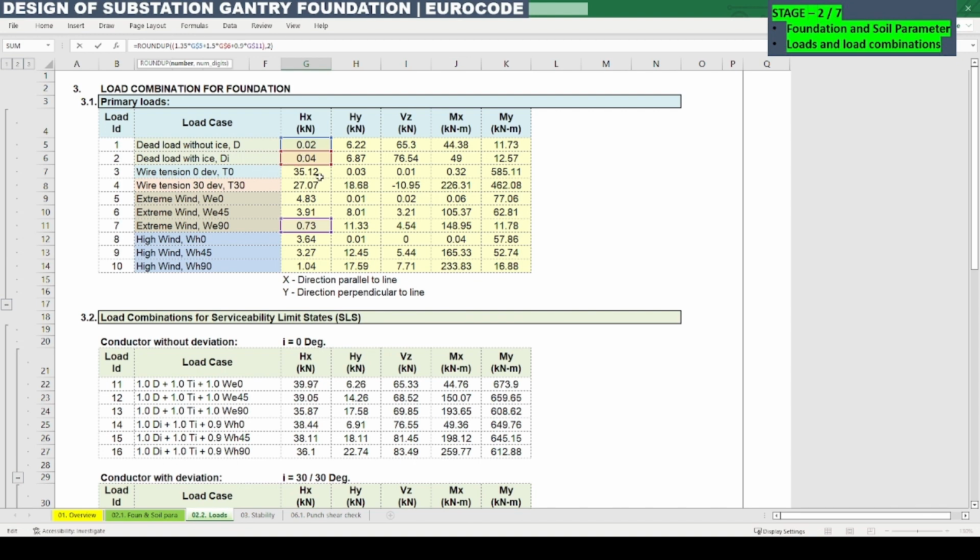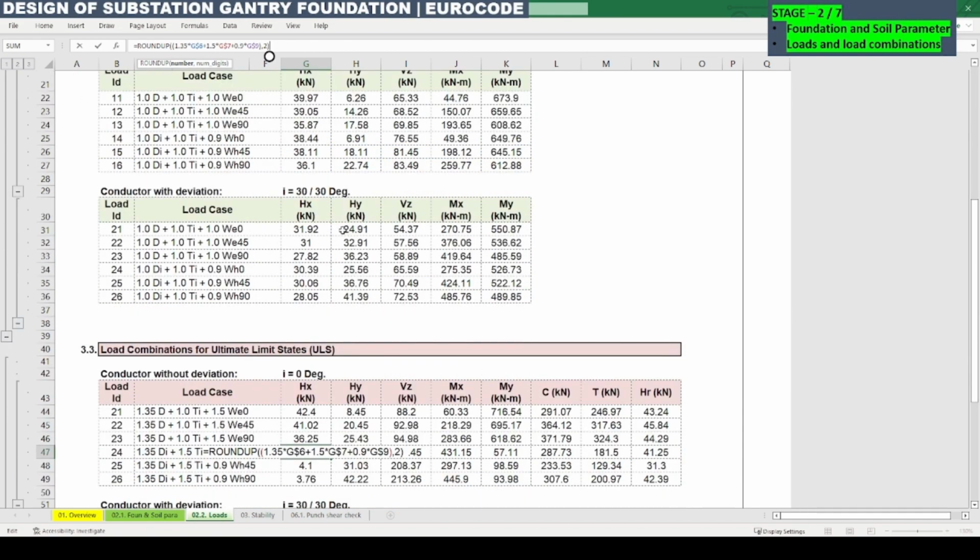Now here also the formula is having mistakes. So here we have the dead load, and here the dead load with ice we need to consider, and conductor with the deviation, extreme loads. So these are the three things we need to consider here.